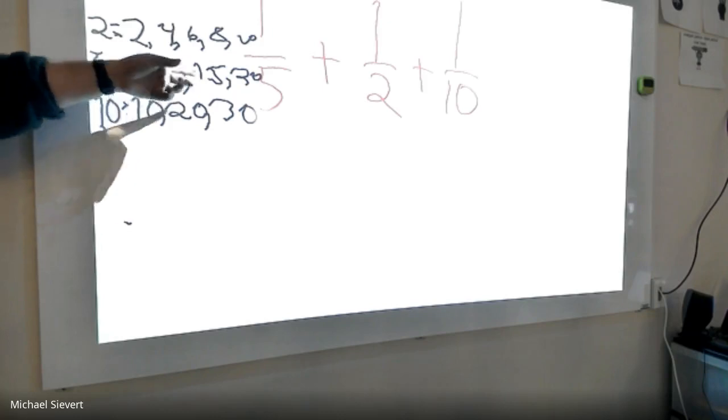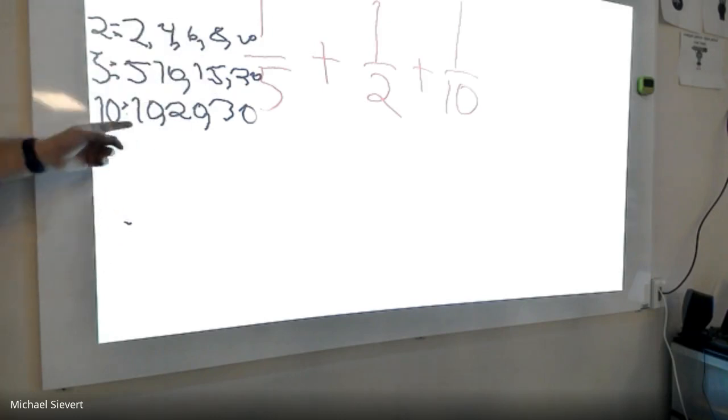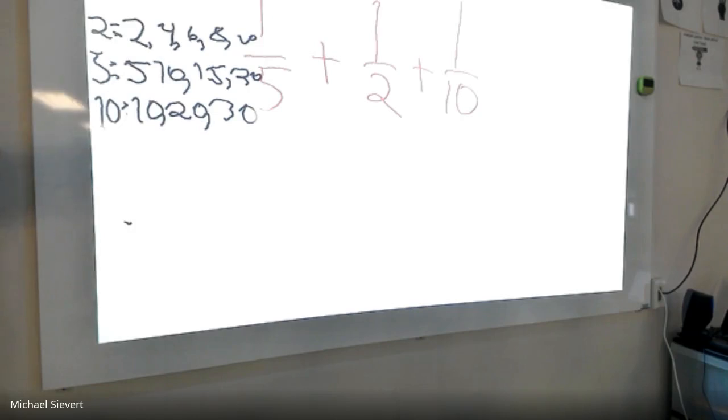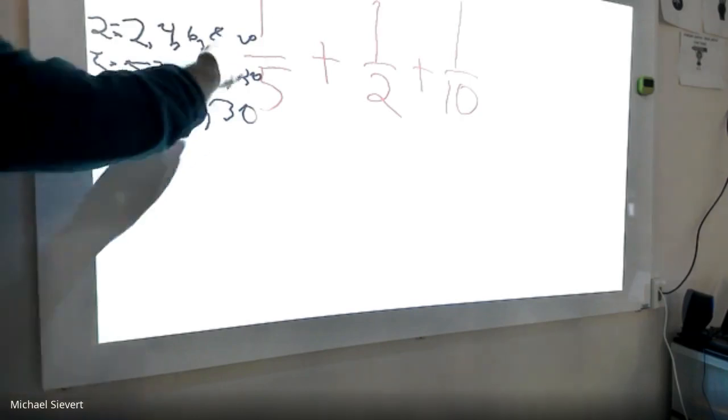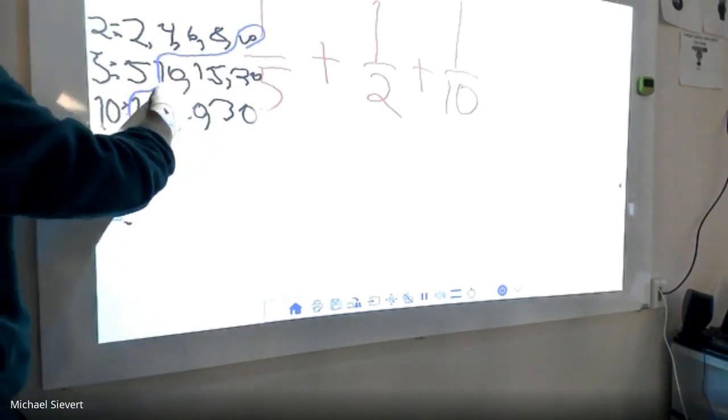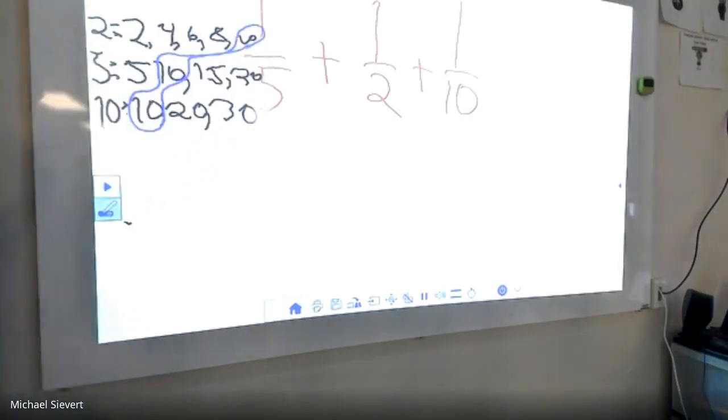It's got 5, 10, 15, 20. 10 doesn't have a 2. It's got 10, 20, 30. Marquise? 10? Right. So they all have 10 in common, and it's the smallest. It's the least. So that means you're going to change the 5, the 2, and the 10 to 10.